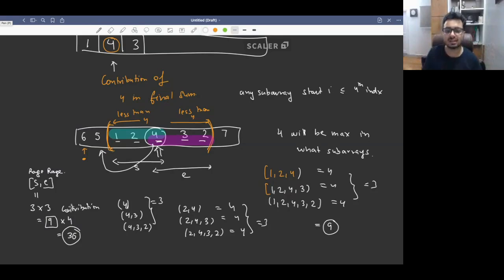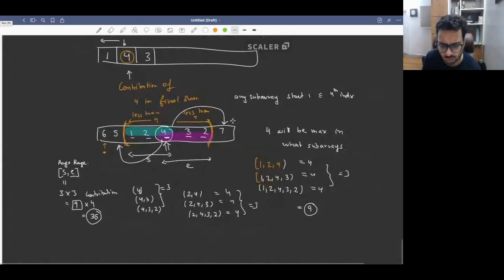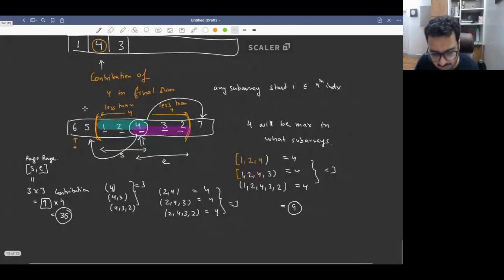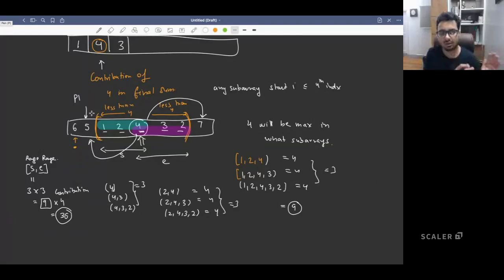Previous greater and the next greater. Absolutely correct. For 4, I need to know two values. One is p1, the index of the element which is on the left and it is greater than 4. And an index p2 of the element that is to the right of 4. And here comes the stack.